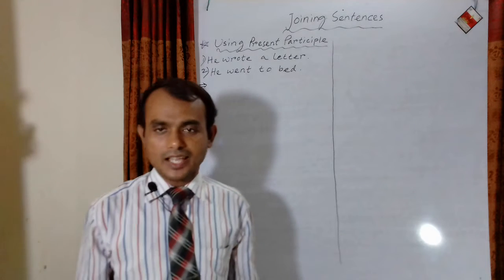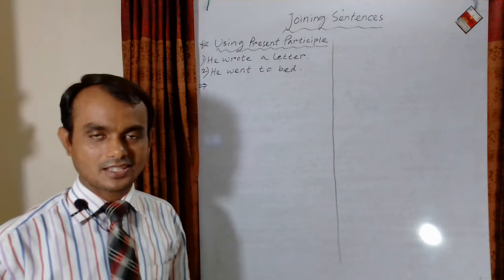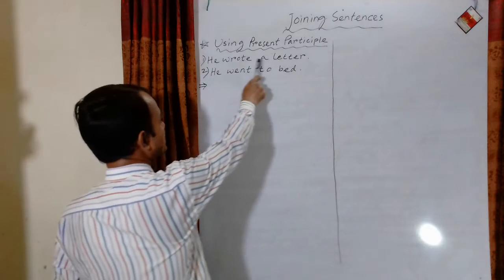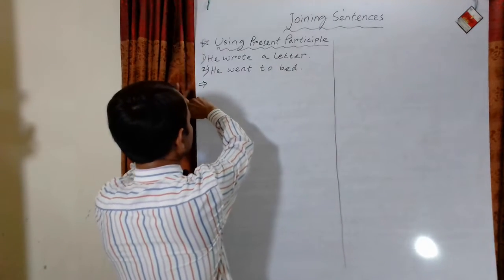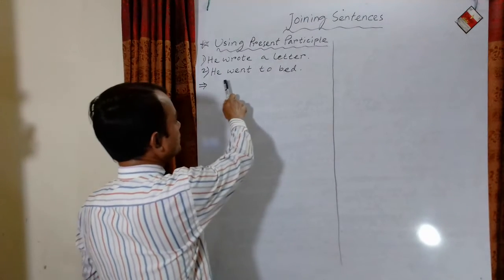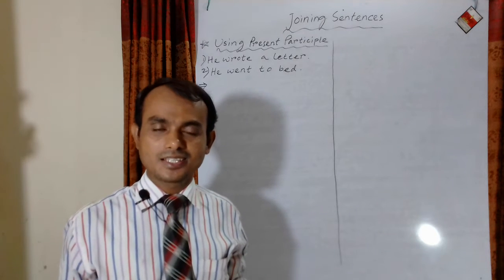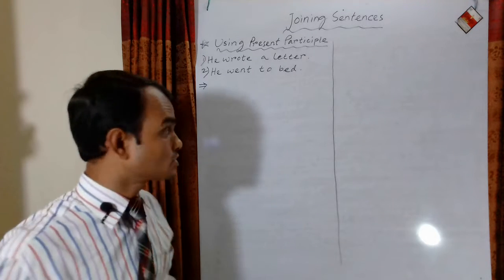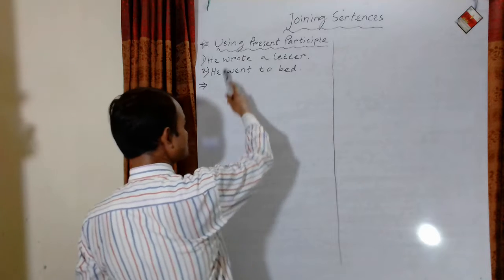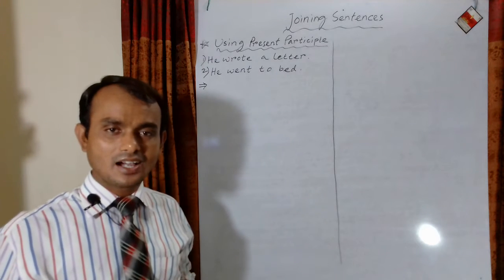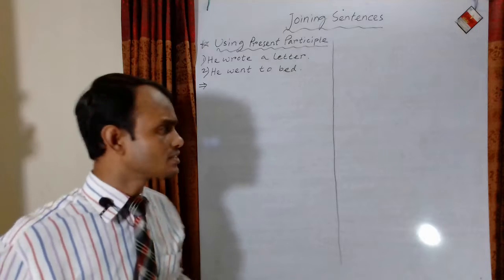Dear students, I have written two simple sentences. He wrote a letter. He went to bed. If I would like to join these two sentences and make one sentence, how can we do it?